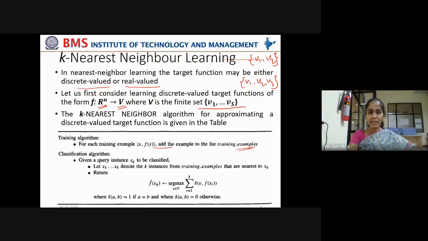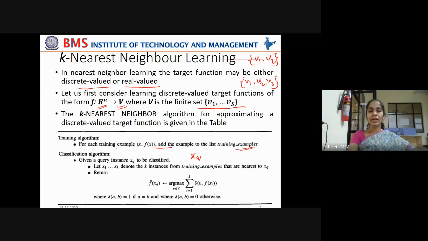Now, given a query instance xq to be classified, consider this as your new instance. The new instance is taken as xq, which has to be classified.